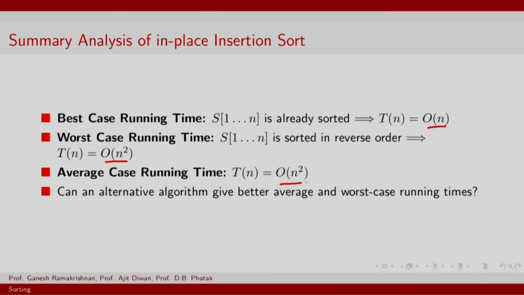Can we develop an alternative that gives better average and worst case running times? In other words, can we avoid so many swaps, or rather a swap corresponding to every inversion? Note that we used a very naive property here, that we wanted the prefix to be always sorted.